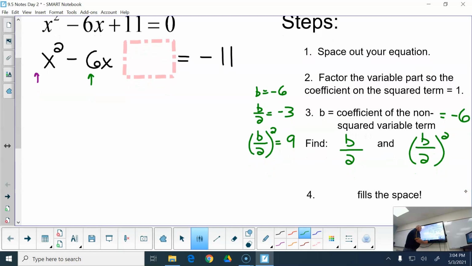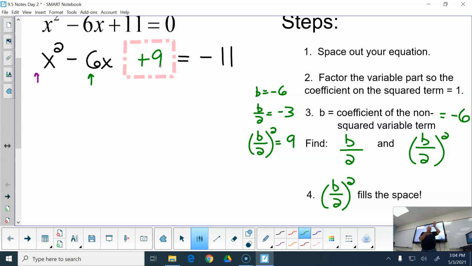Next, the B over 2 quantity squared, that one is going to fill this space. So I'm going to have that space of positive 9. But what I've done now is I've imbalanced my equation.